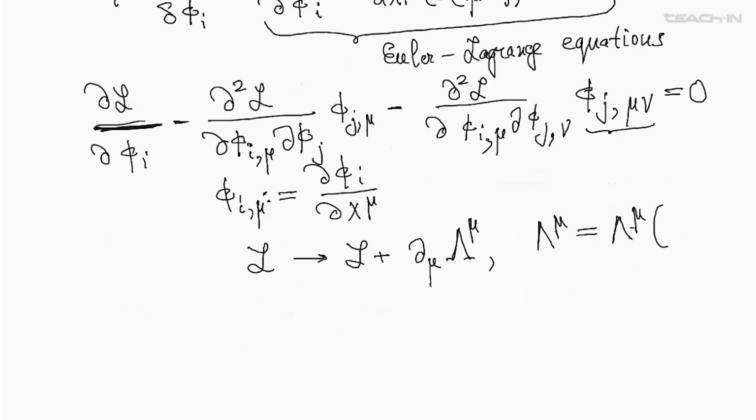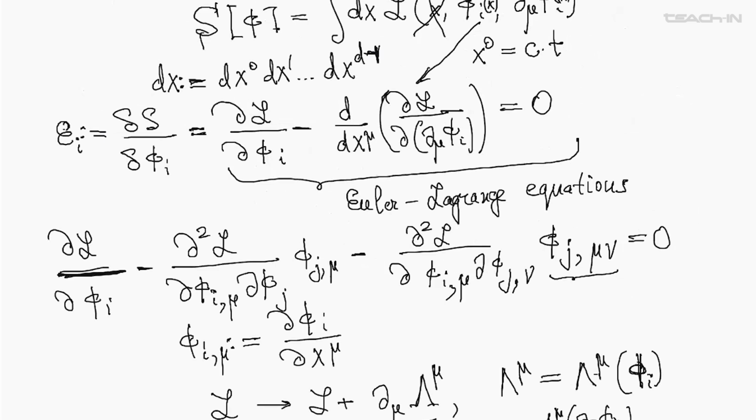But not of their derivatives, because if you also assume that this lambda mu depends on the derivatives of phi I, then, since here you see the derivative of lambda mu, such an addition would lead to the appearance of the second derivative of phi in the Lagrangian, and this is something which we have prohibited, because we require that our Lagrangian depends on the first derivative of phi.